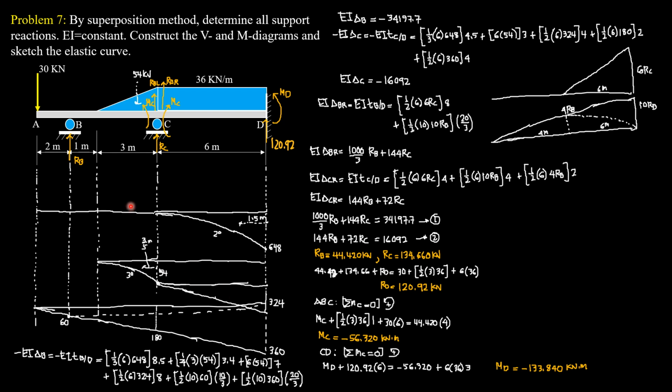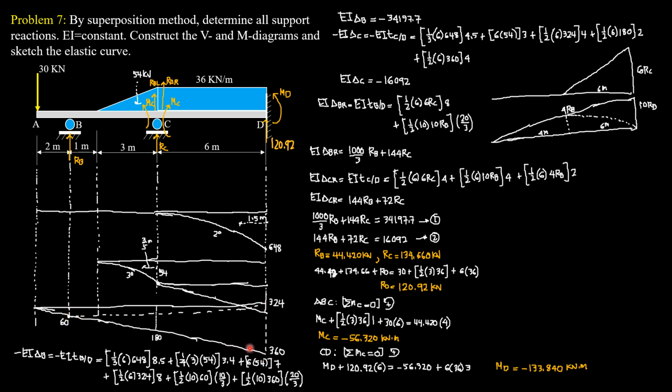Then finally, the moment of this 30 kilonewton load at B is 30 times 6, then at D is 30 times 12, so the total distance is 12. So 30 times 12 is 360. Later on, we will divide this portion between B and D as two.